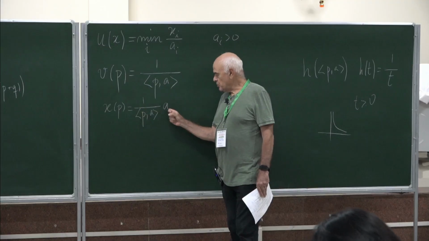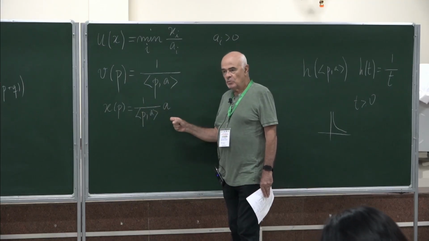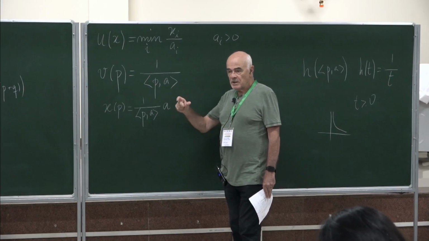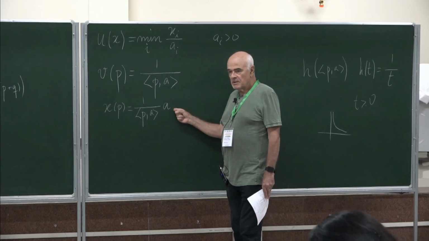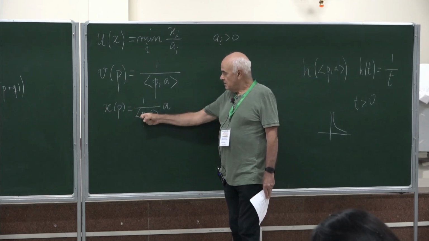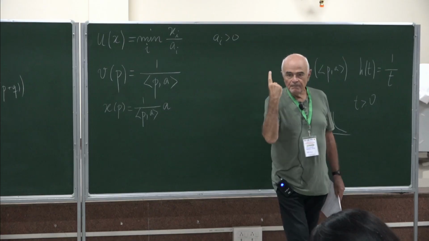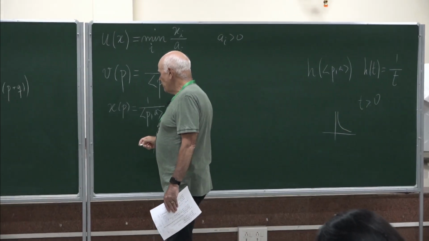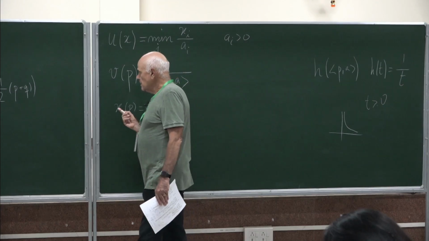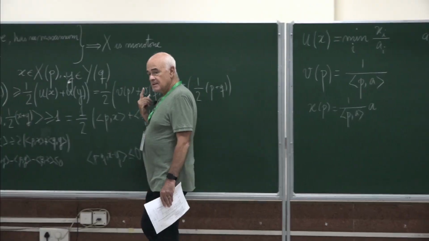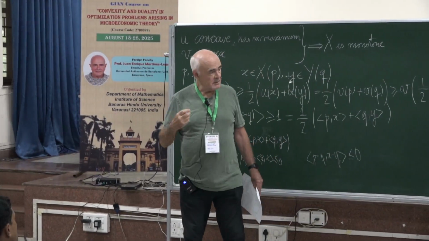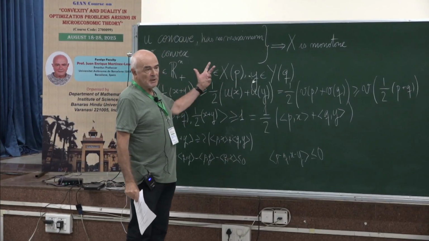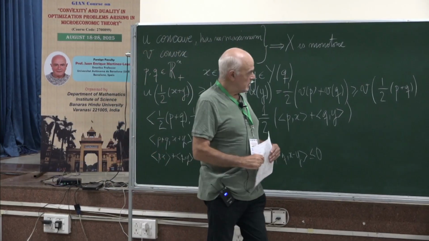So this is proportional. Simply, you buy the goods in proportion to the way they enter your recipe, and then you normalize in such a way that you spend 1, which is your budget. Now, because it's a demand function rather than a correspondence, instead of x belonging to f of p, I can simply write x of p.